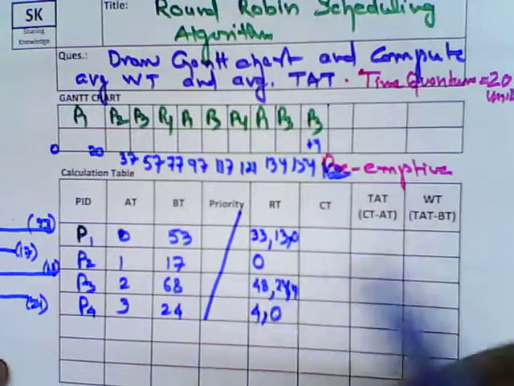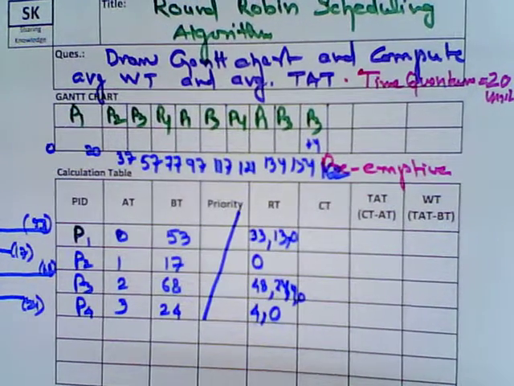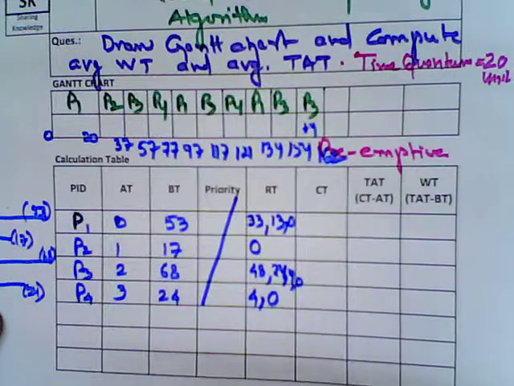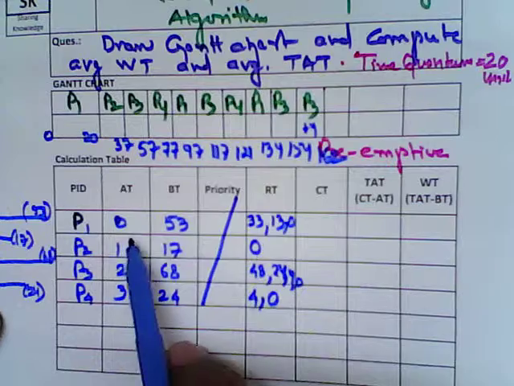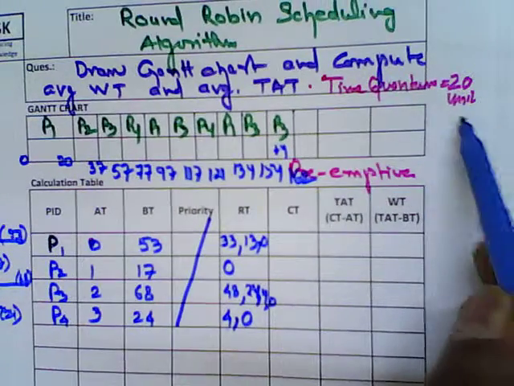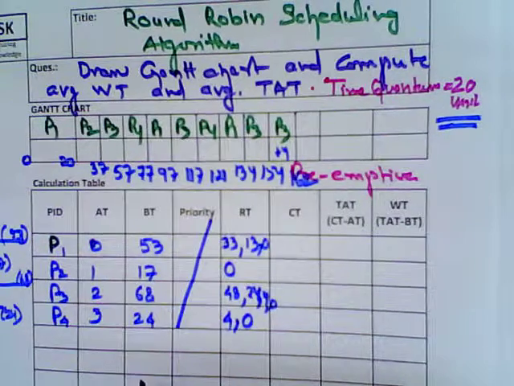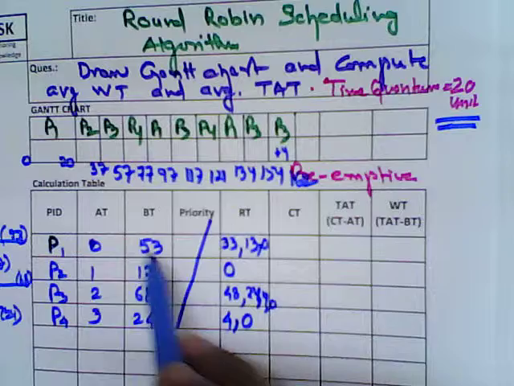So you have seen here that each process has taken its execution time as per the quantum time, Qt. So based on the Qt, this particular process is being executed. Now what is next? Now we have to see the CT.